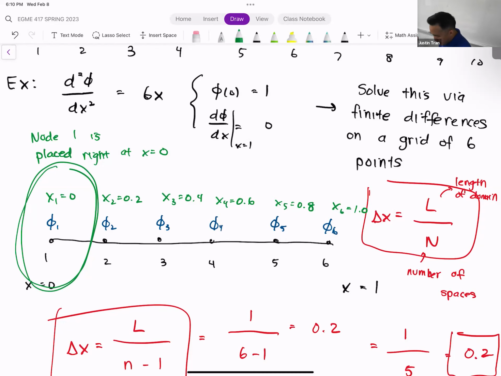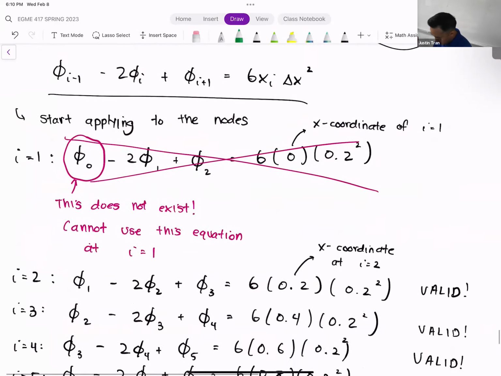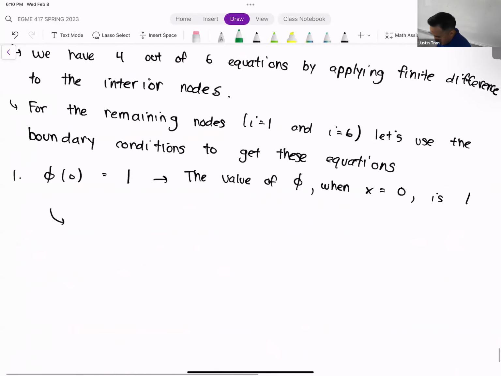All right, so let's use that information to form our boundary condition. When x is equal to 0, that means we're at node 1.